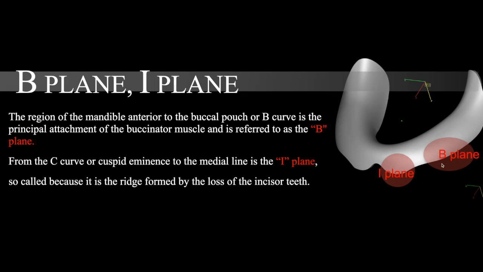From the C curve, which is the buccal frenum attachment, or cuspid eminence, to the median line is called the I plane, so called because it is formed by the loss of incisor teeth.